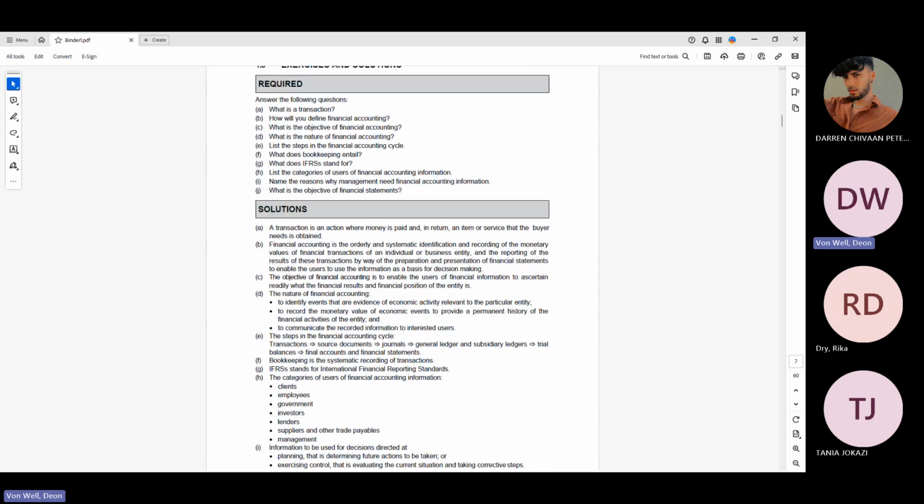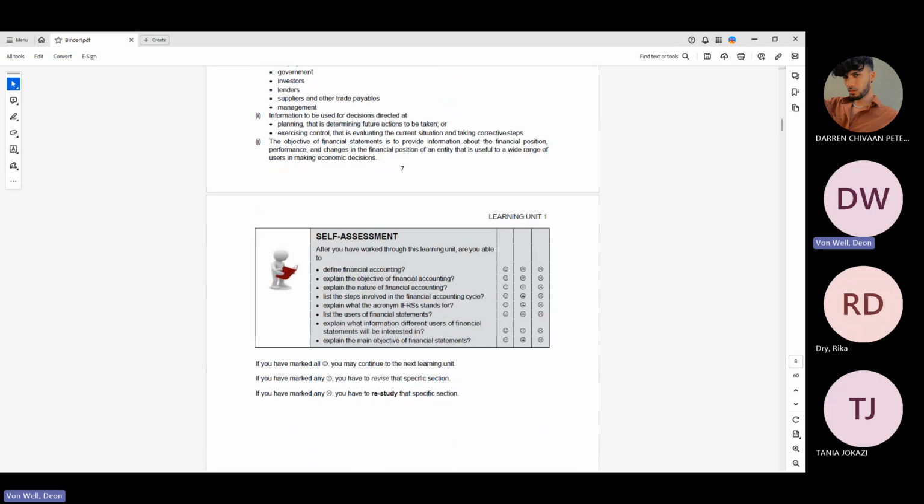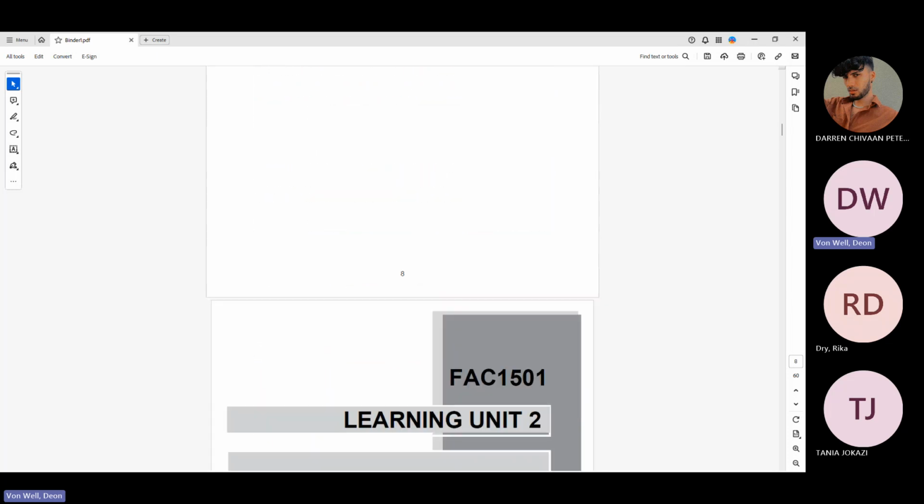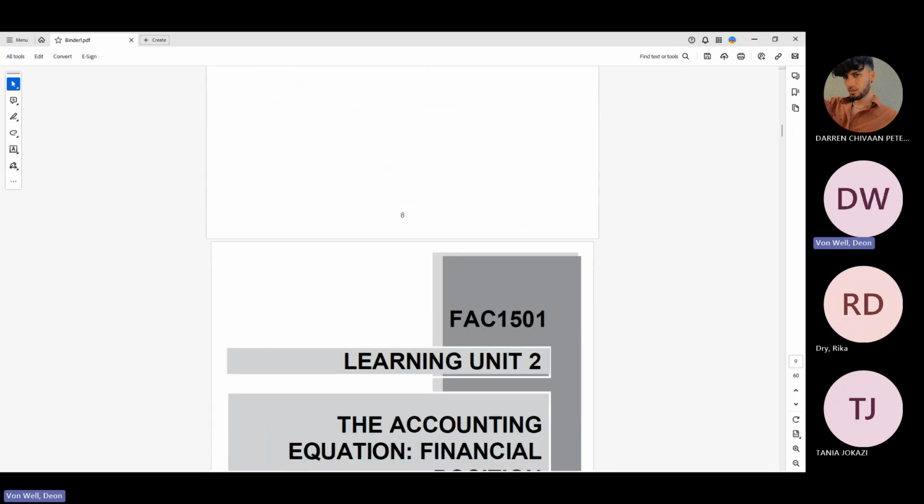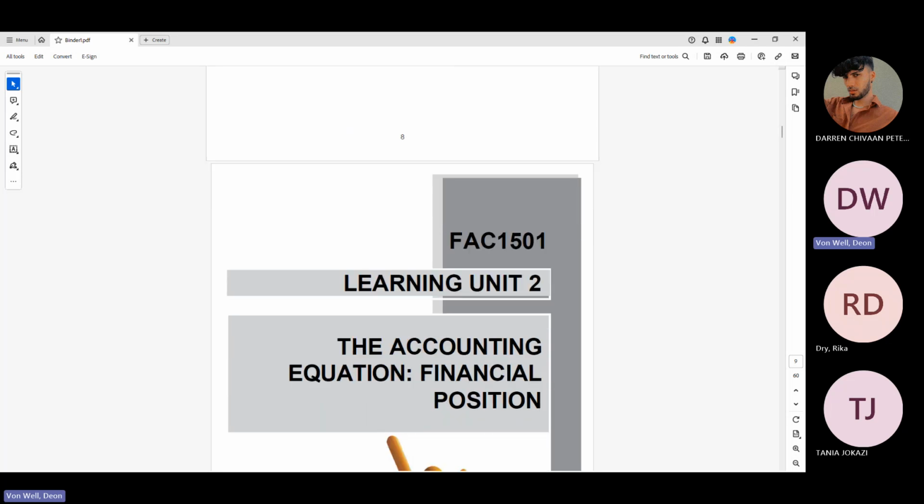So if we move then to Learning Unit 2, that is where it becomes more practical. And remember, accounting is a lot of practical. You need to apply knowledge. And that's where the application of knowledge starts, with Learning Unit 2.